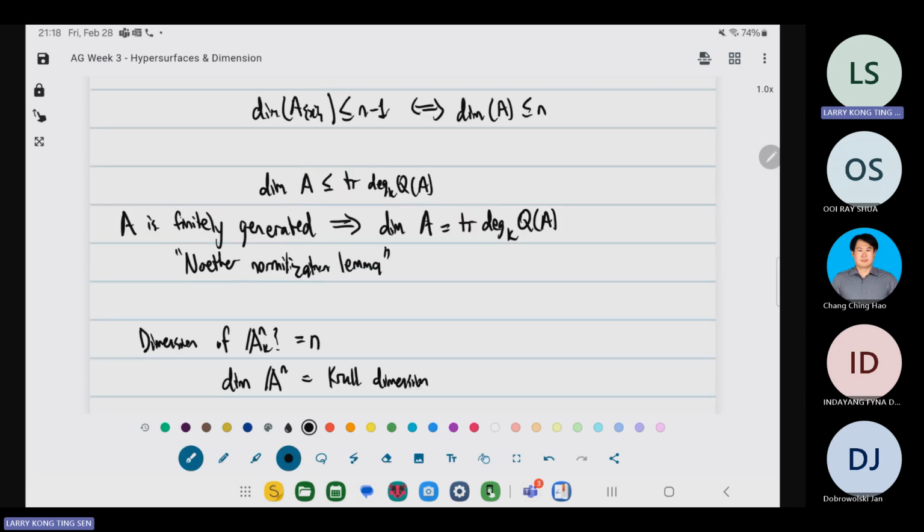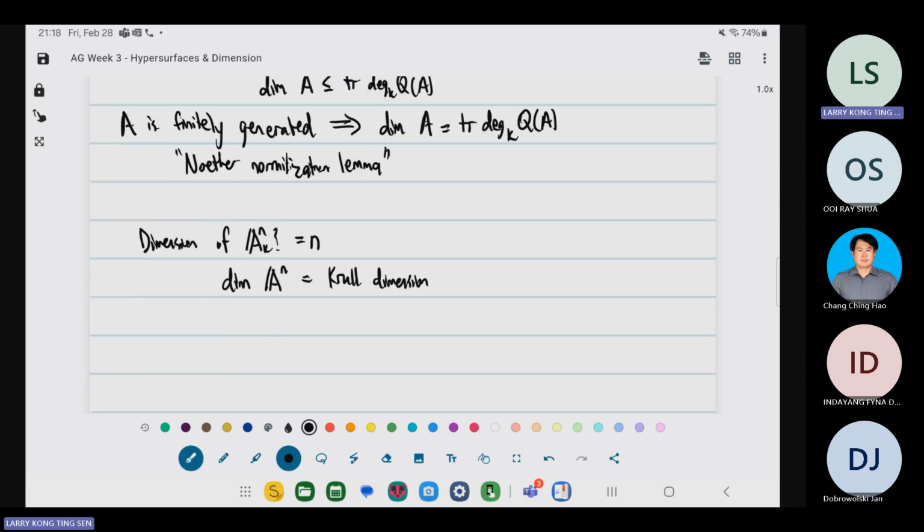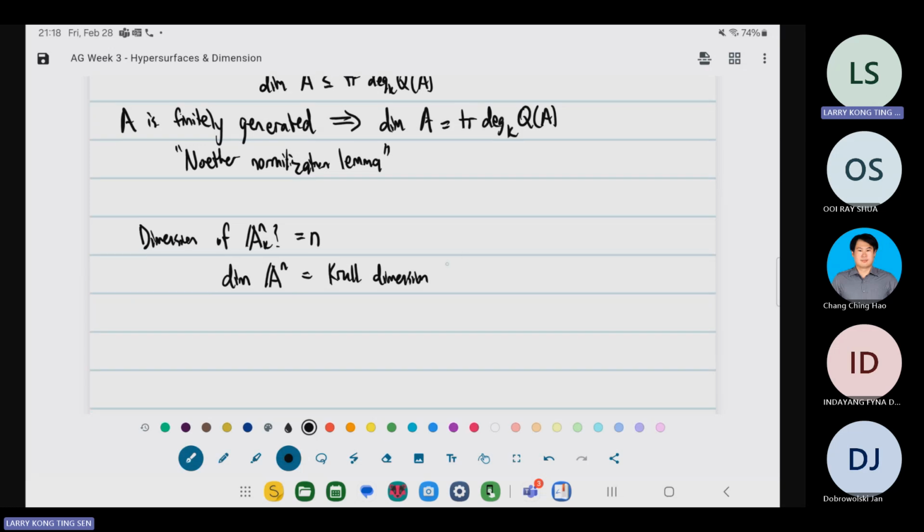Oh yeah, just now when we say dimension, we mean Krull dimension since we are working with rings. In any case, if you recall, the dimension of A^n is the Krull dimension of K[A^n]. But this is precisely just the polynomial ring K[x1, ..., xn].